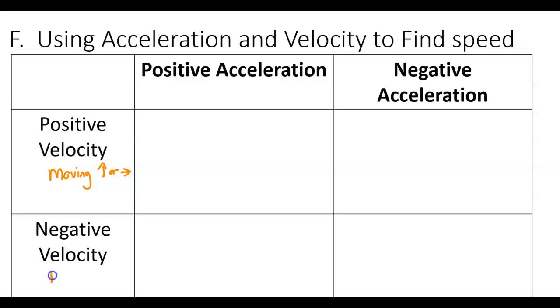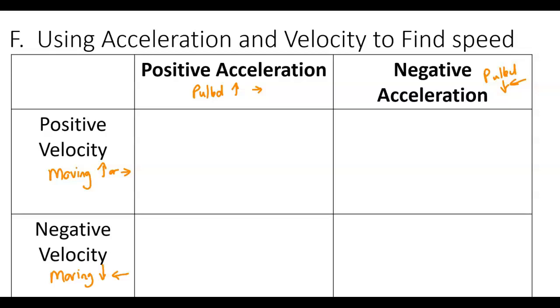A negative velocity means that we're moving either down or left, correct? A positive acceleration means you're being pulled either up or right, and a negative acceleration means that you're being pulled either down or left.